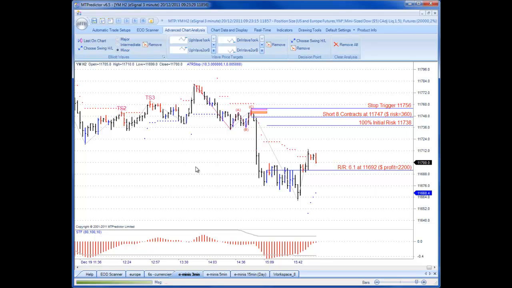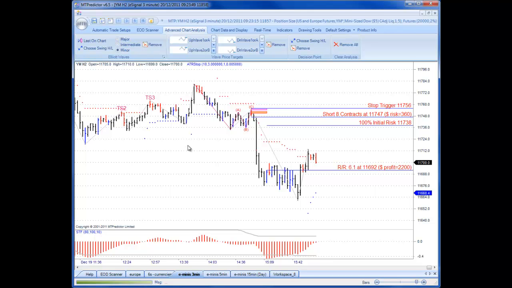So as you can see, the advanced trader has lots of tools within the MTPredictor software program that will allow you to do more advanced trade setups and capture some manual trades like this that are above and beyond the standard and automatic trade setups. So here, even though the standard trader would have made his two -1 hour losses, this plus 6 hour profit here would have more than made up for these and put the trader in profits for the day as a whole.